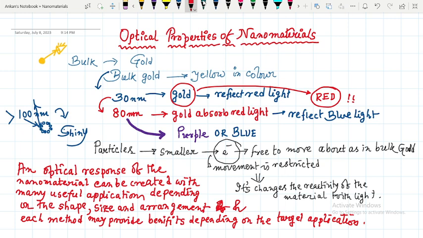So due to the quantum confinement, the electron changes its behavior with the photon, and the interaction of the photon with the electron is very much dependent on the size of the material under study. So size is very much essential here, and we can use this property of nanomaterials for our target applications, what we want to make from this. Okay, so let us proceed further.